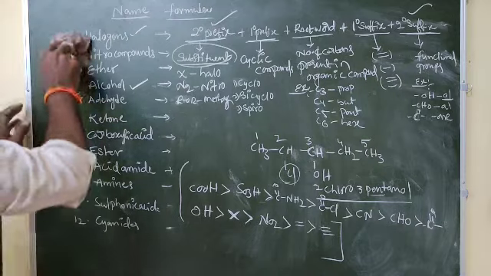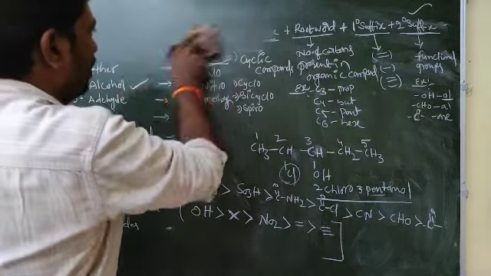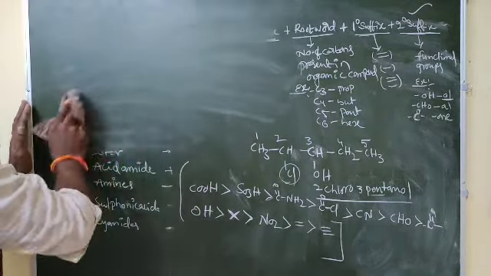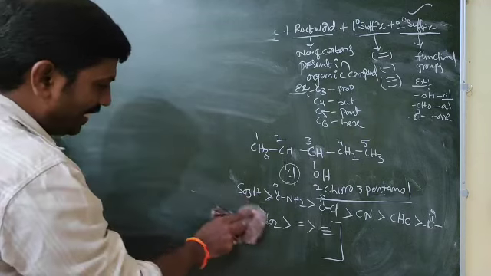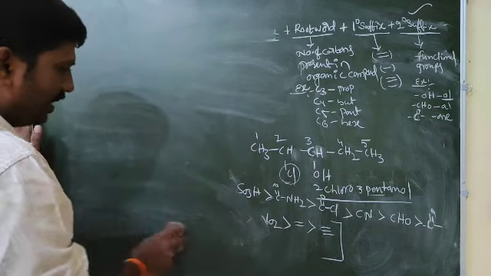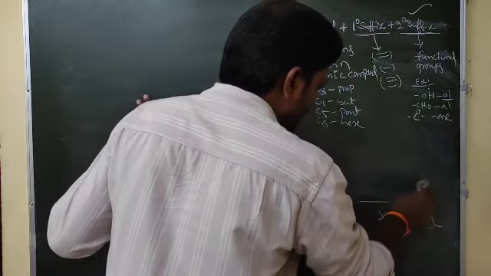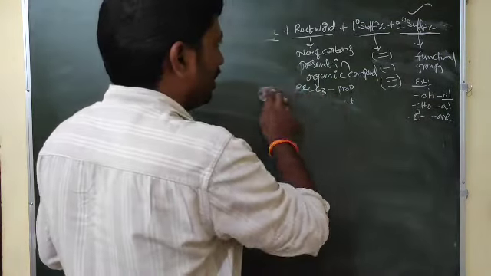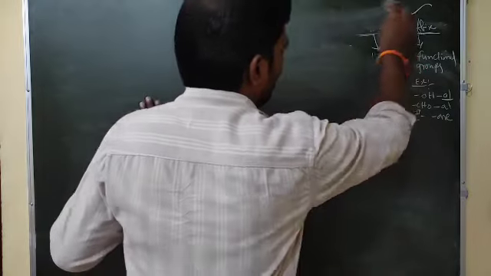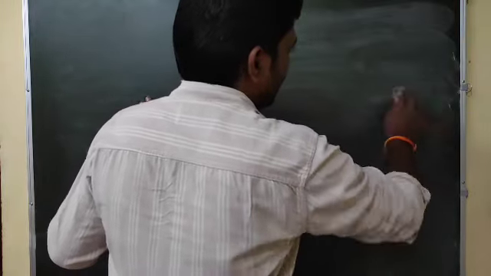Okay, this is about nomenclature when two functional groups are present in one compound. The priority order we want: first acids, then aldehydes, ketones and alcohols.